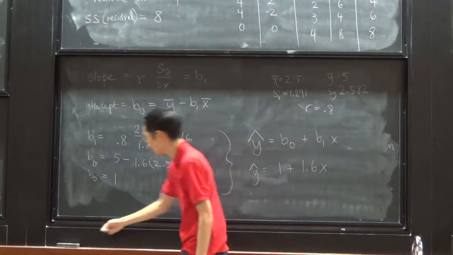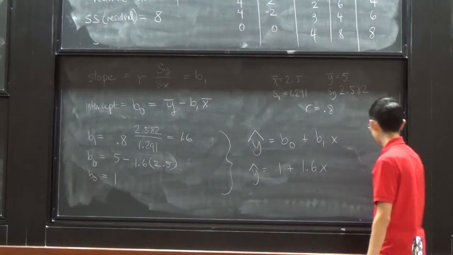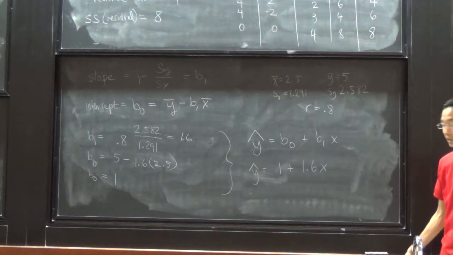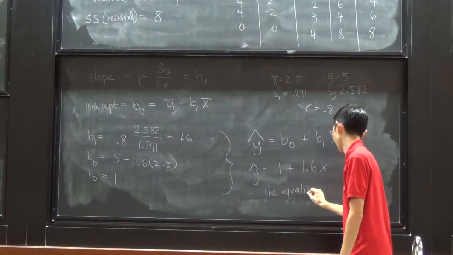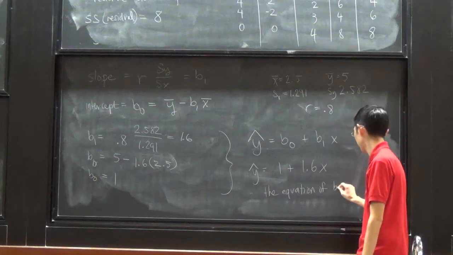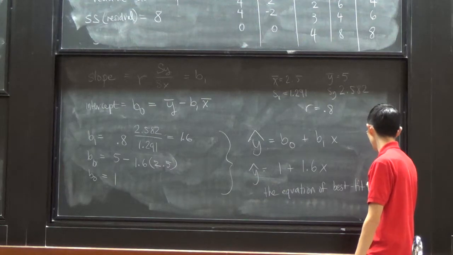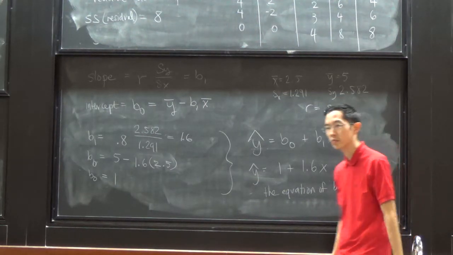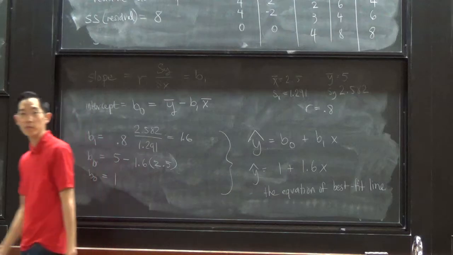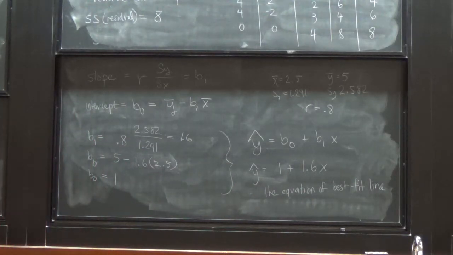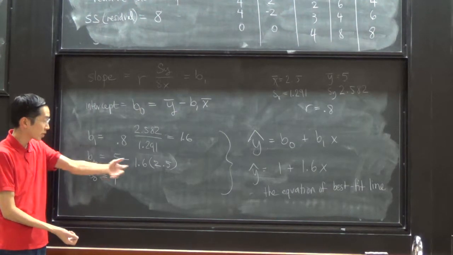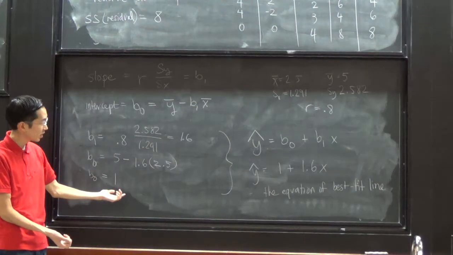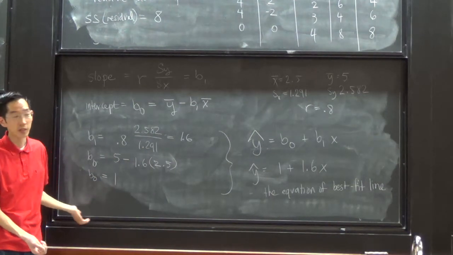This is going to be the equation of the best fitting line. So our slope is 1.6 and our intercept is 1.